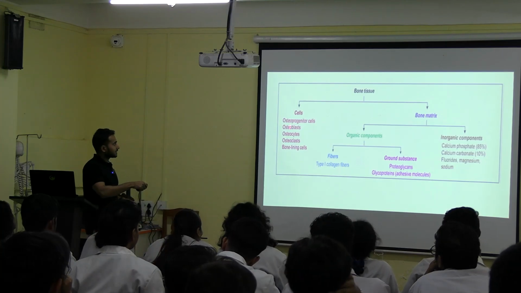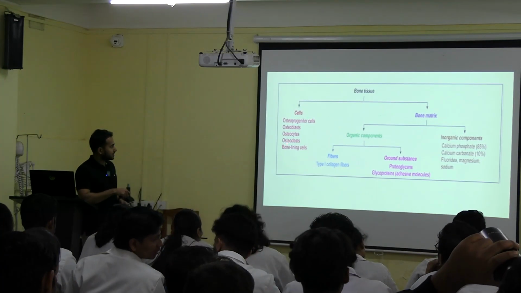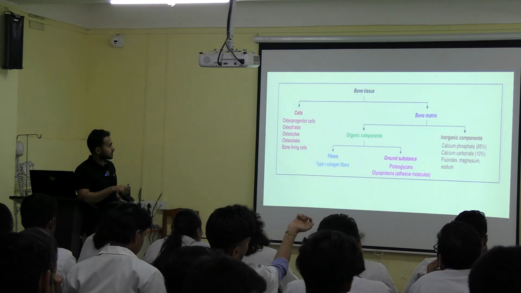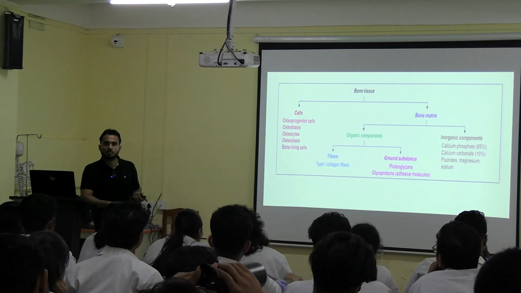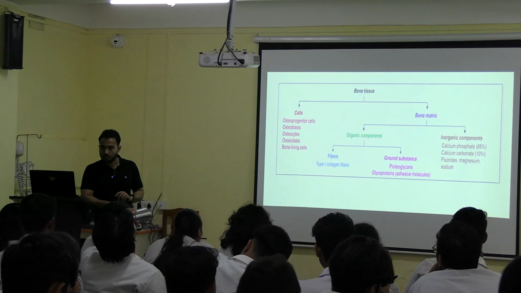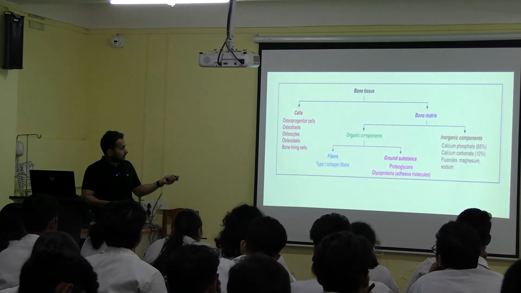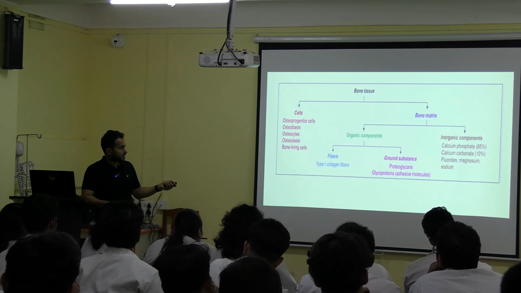So what are the different types of cells? Osteoprogenitor cells, osteoblasts, osteocytes, osteoclasts and bone lining cells. These are the different types of cells related to bone. In cartilage, we have seen only two types of cells, chondrocytes and chondroblasts, but here different types of cells are there. Next, the bone matrix has two components, organic and inorganic.